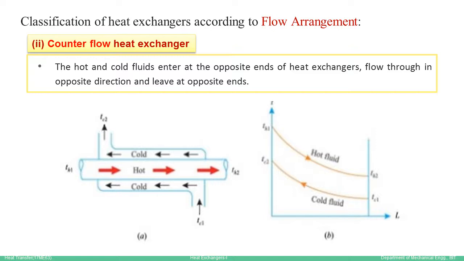The temperature of the hot fluid is decreasing from the inlet to its outlet, and the temperature of the cold fluid increases from its inlet to the outlet, but the exit of cold fluid is almost at the same point where the hot fluid is entering.